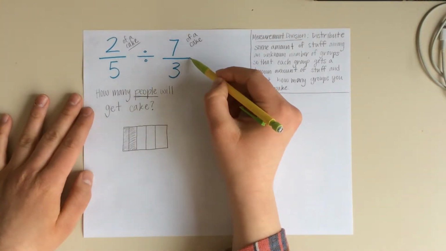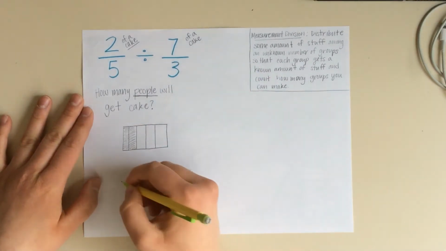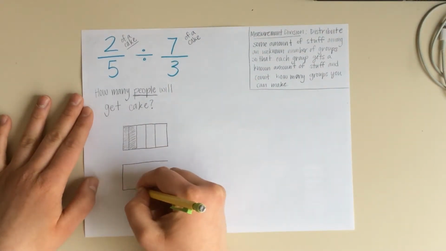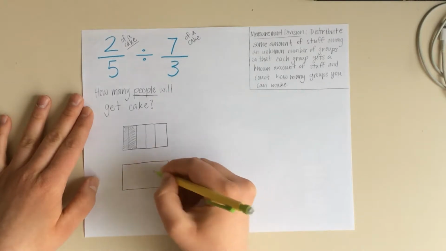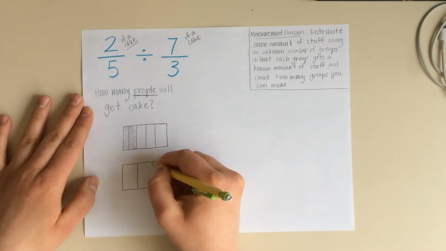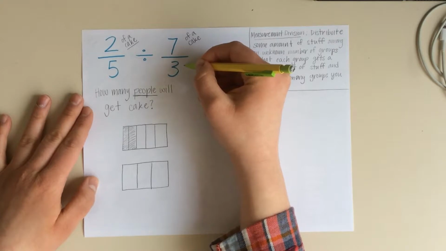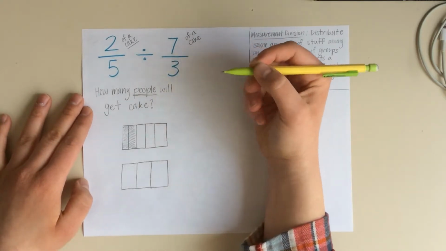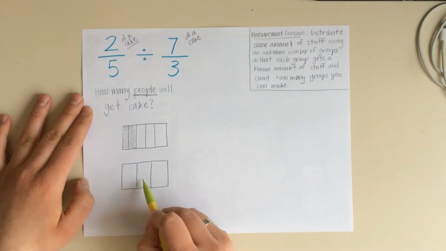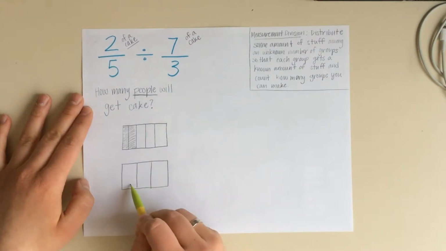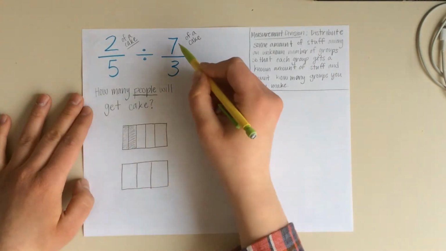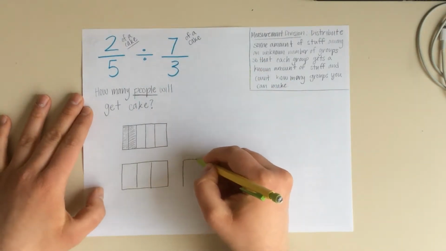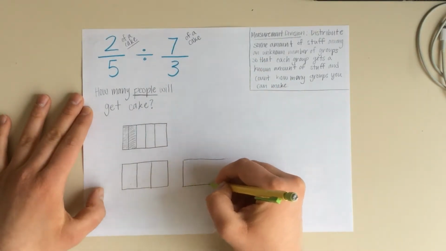Now if we draw our second fraction, our 7/3, we have our one cake, and we'll divide it into 3 sections because our denominator is 3. We know that means to split it into 3 separate pieces. But since we can only shade in 3 out of the 7 pieces that we need, we're going to need to draw 2 more whole cakes.